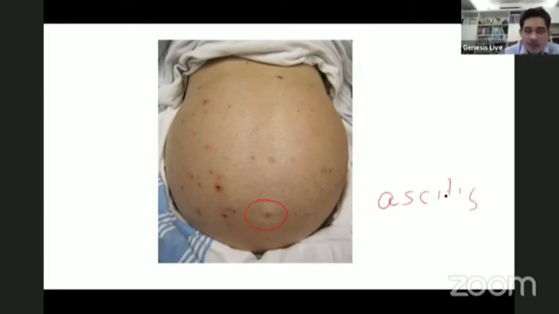This is always a feature of all types of advanced disease. It may be advanced cecal malignancy with multiple peritoneal seedlings. It may be miliary TB. So it's always a sign of advanced disease.